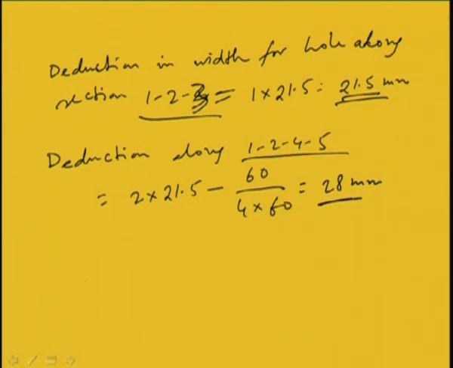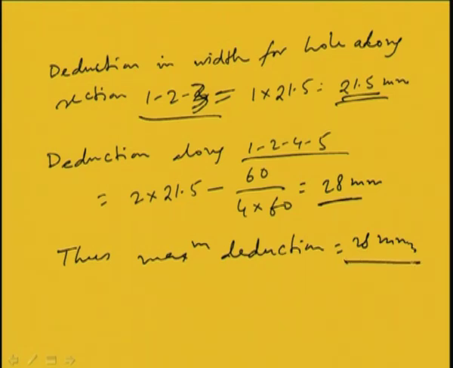So thus maximum deduction will be 28 mm, which is the weakest section, means 1, 2, 4, 5 will be the weaker one. So now we have to find out the area.